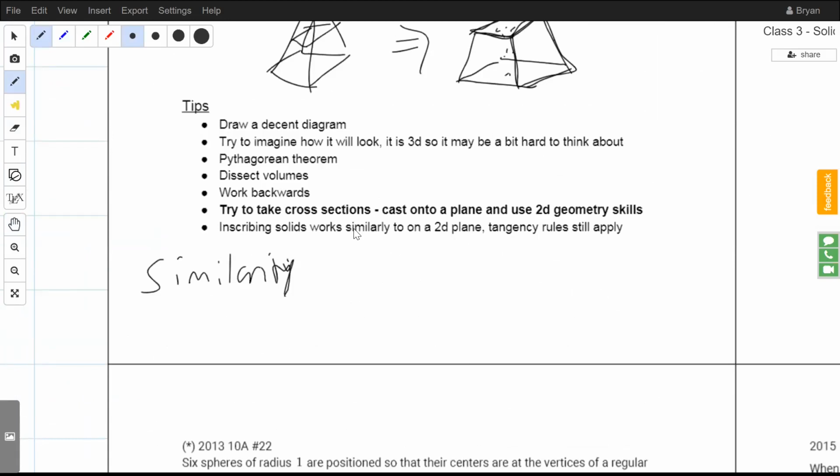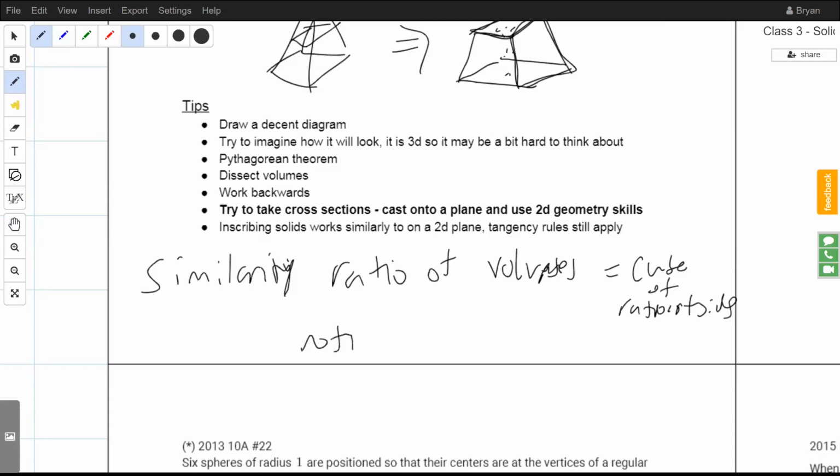They're similar. So similarity basically says that the ratio of the volumes of two similar solids is going to be the cube of the ratio of side lengths. And the ratio of the surface areas is going to be equal to the square of the side length ratios.